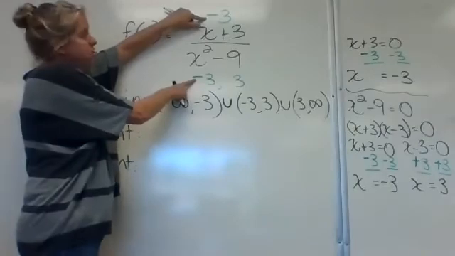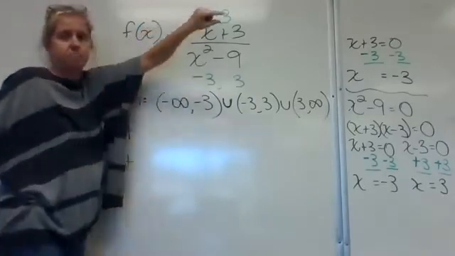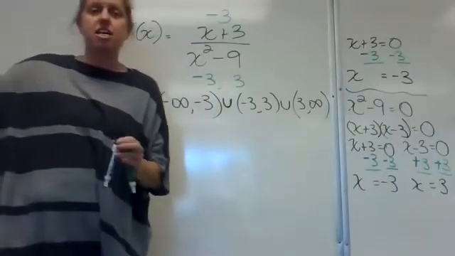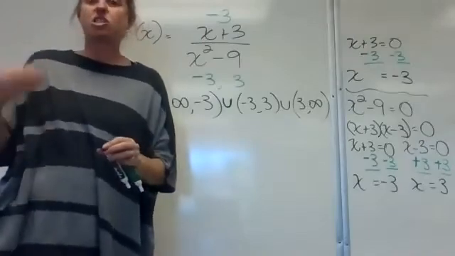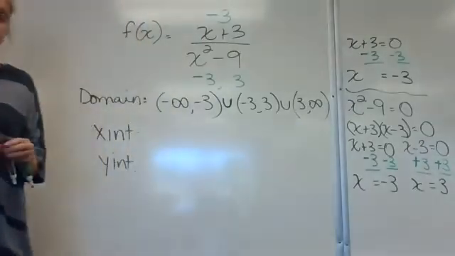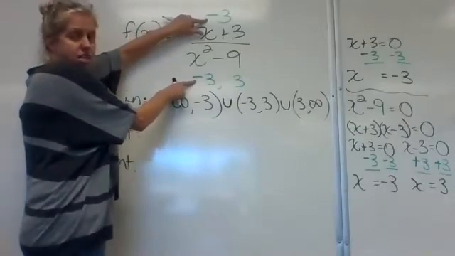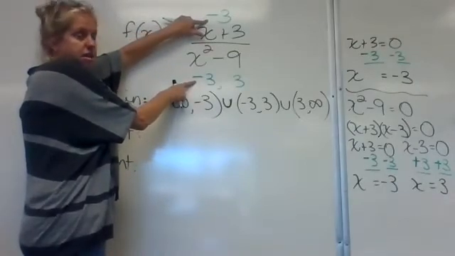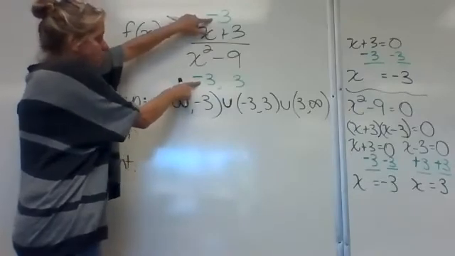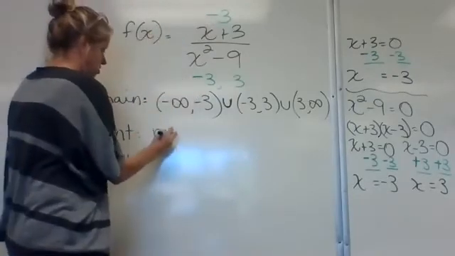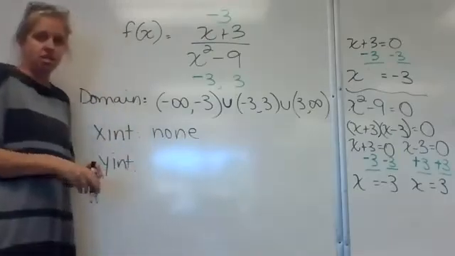These are the same, which means the X-intercepts are, again, the definition is zeros of the numerator as long as they're not zeros of the denominator. So since this is a zero of the denominator, that means it cancels that, which means there are no X-intercepts.